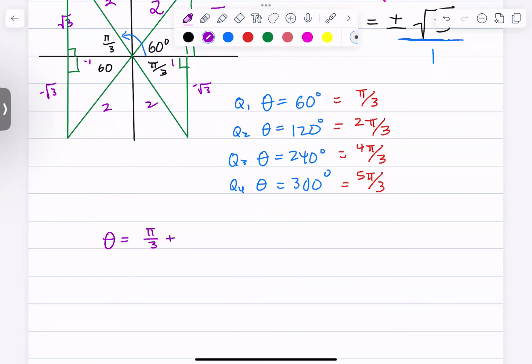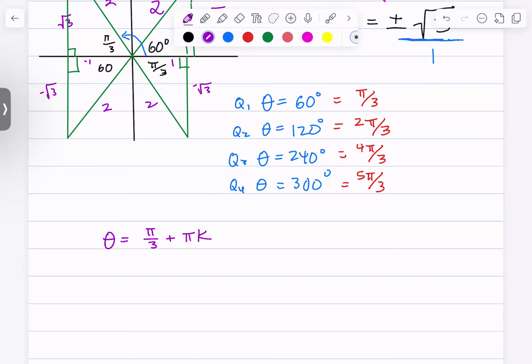Plus... I hear two answers. Is it pi or is it 2 pi? It's pi because tangent has a period of pi. So I know every solution is going to pop back up every pi units, right?